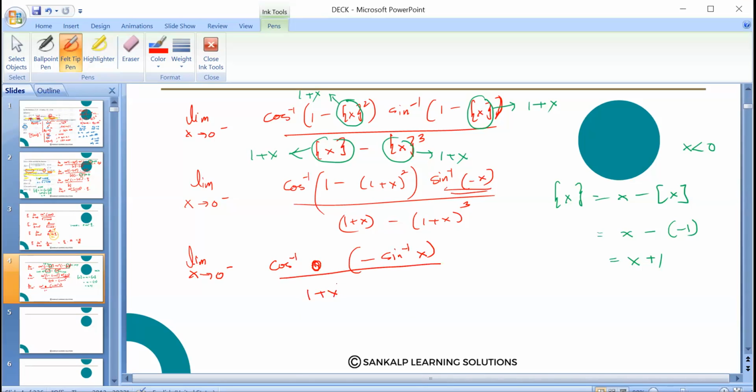I will take out 1 plus x common. 1 minus 1 plus x whole square. So cos inverse 0 is pi by 2 minus sine inverse x. Here I will put x as 0. So 1 into 1 minus 1 plus x whole square.